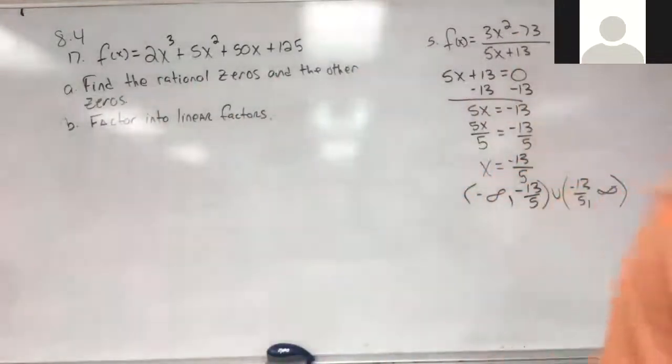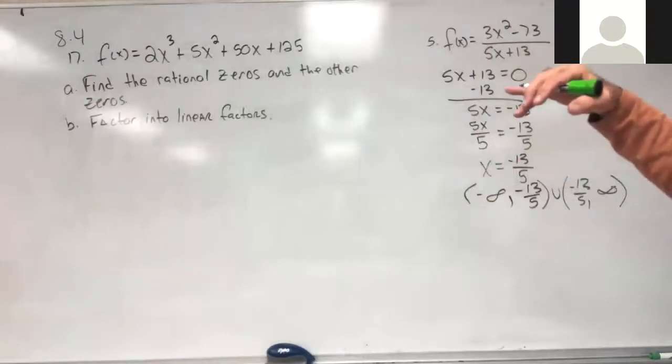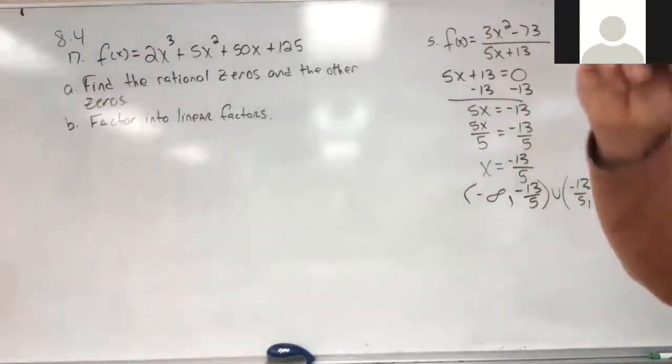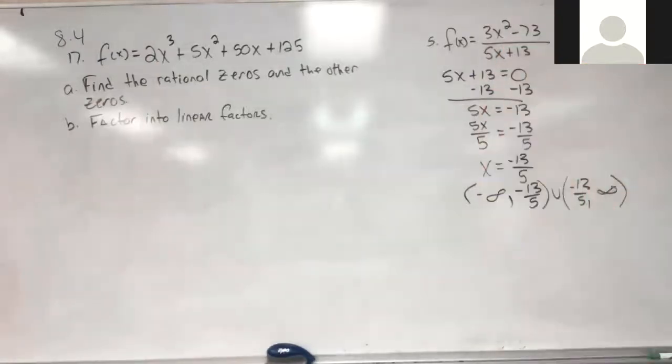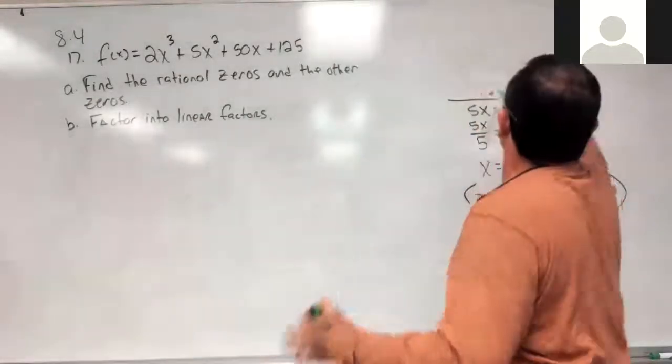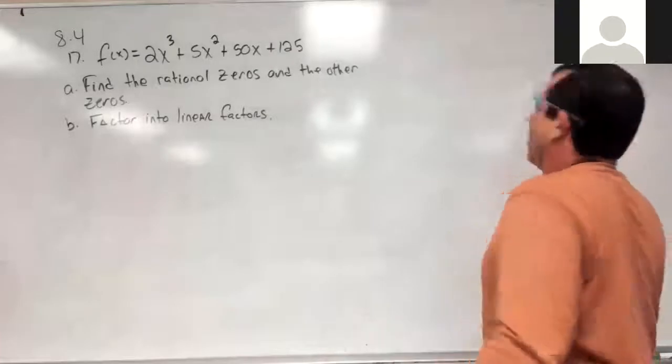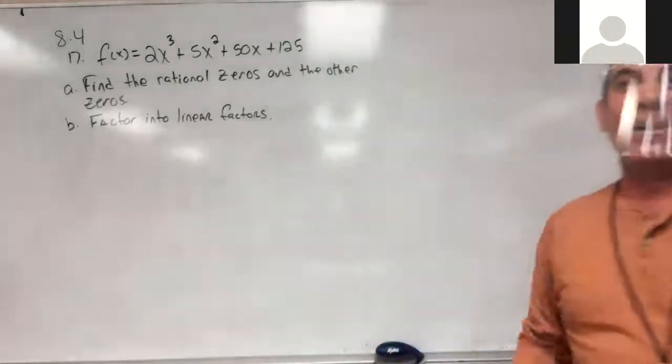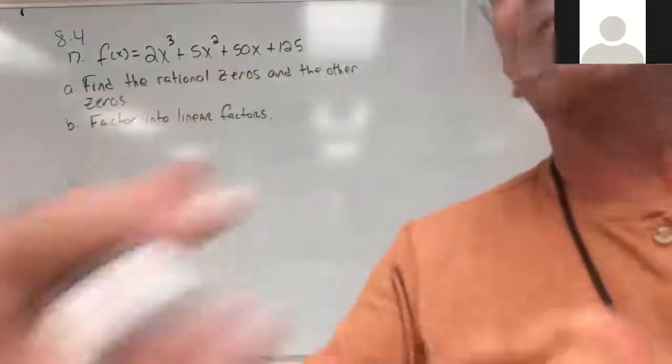So I will say this. I would graph those just to see where it's crossing over the x-axis, because that can help you find the zeros. If not, you've got to go through all the different combinations of factors like you did on 14 and 15.